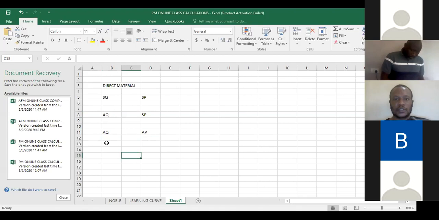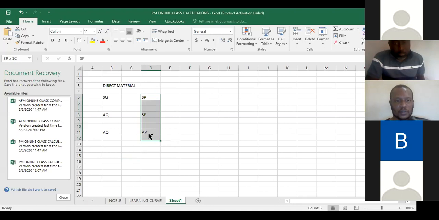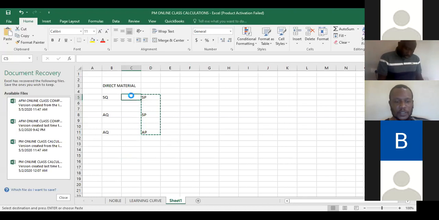So we start. What's our actual quantity? Maybe I should cut these things and paste them here instead. I don't need any space. Okay, so I'll get my answer, then I'll get my variance. My actual quantity, actual price is where I'm starting.